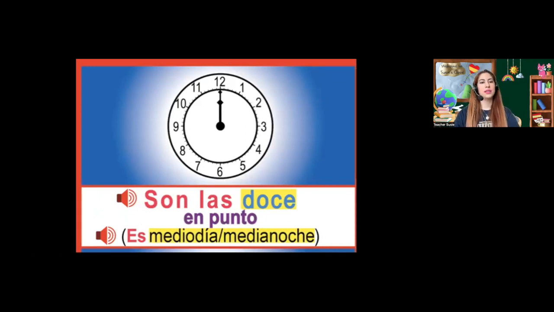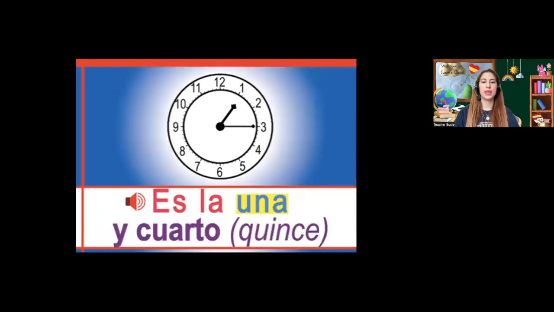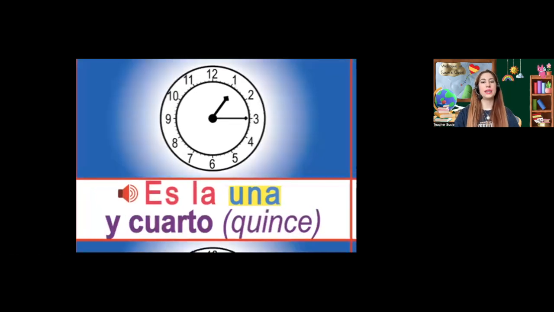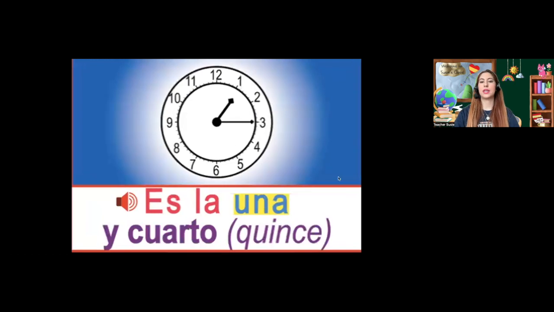All right, let's try again. ¿Qué hora es? Espera. ¿Qué hora es? Son las 12 en punto. Okay, muy bien. And now, ¿qué hora es? Es la 1:15. Okay, so there are two ways we have to say in a quarter or 15. We can say es la 1 y cuarto.